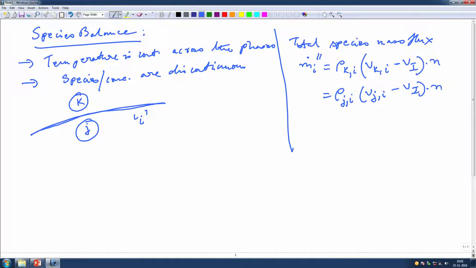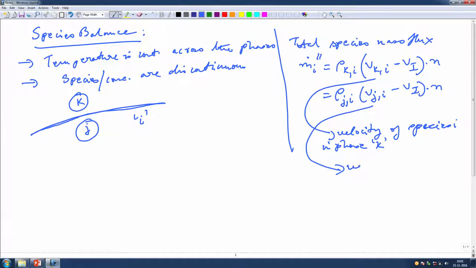Now, this V k I that you see over here is basically the velocity of species I in phase K. Similarly, this V j I means the velocity of species I in phase J. Here it was one phase, this is the other phase.